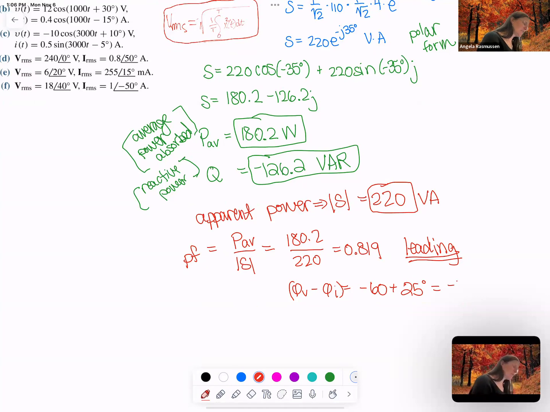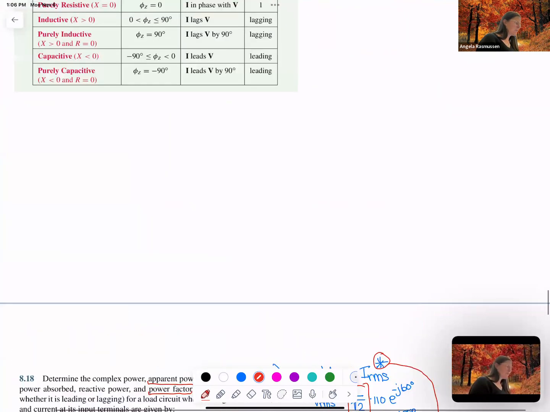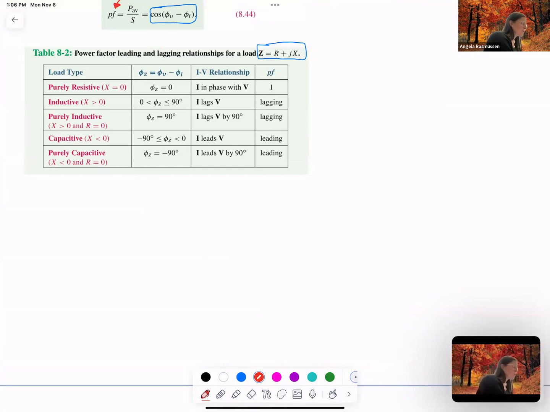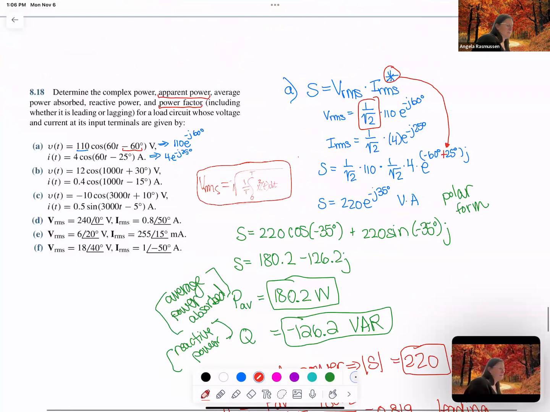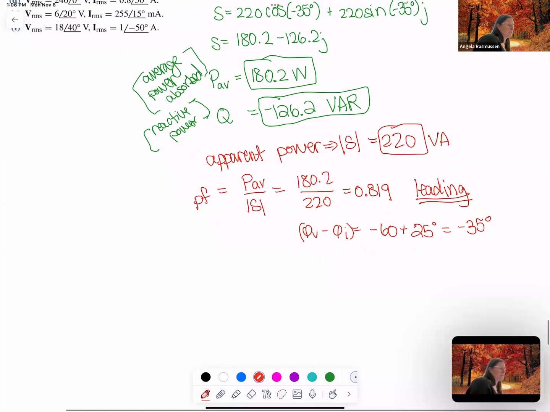So you get a minus 35 degrees. So in this one, a minus 35 fits here, so it's leading. So that's where the leading came in. So this is determined by this value.